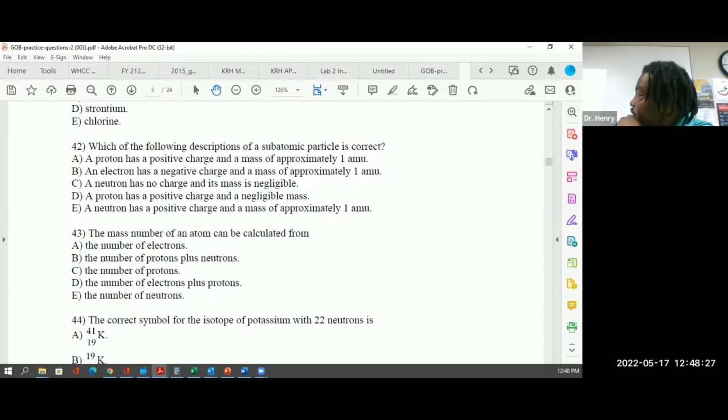B, an electron has a negative charge and approximate mass of 1 AMU. C, a neutron has no charge and its mass is negligible. You guys know what negligible means, right? It means that you don't take it into account. D, a proton has a positive charge and its mass is negligible.